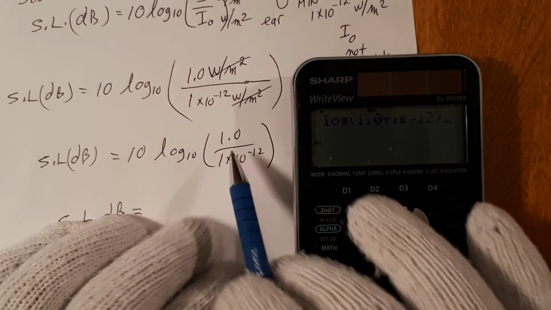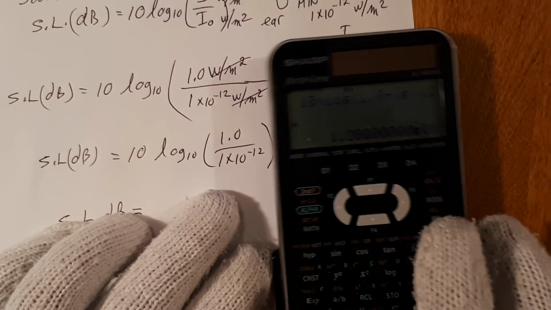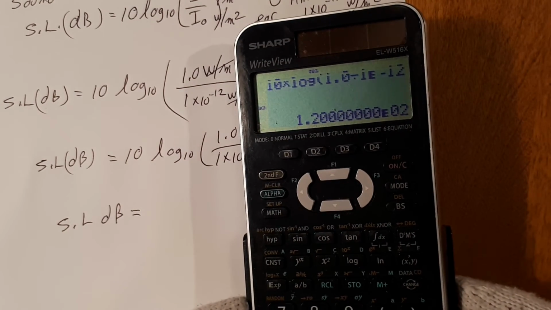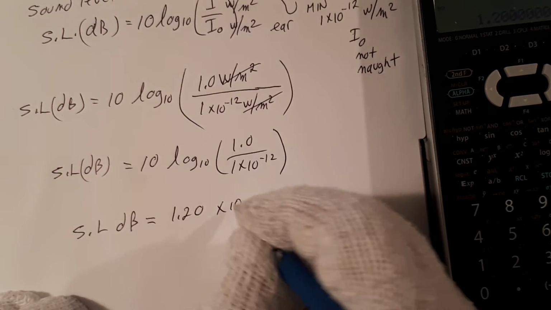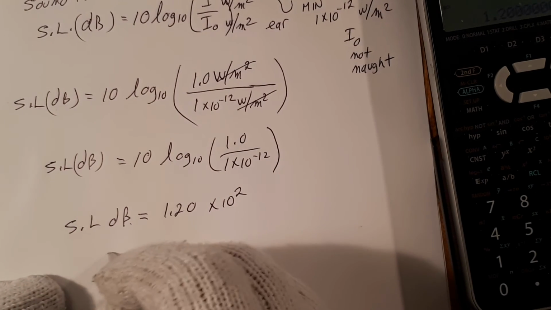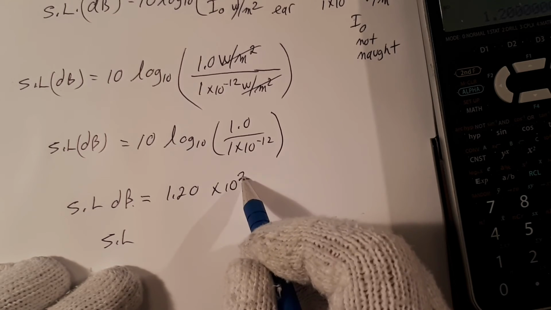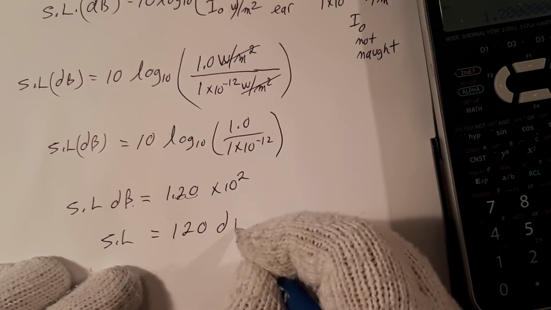So I basically reproduce this in my calculator. Press that equal sign, and the answer is 1.20 times 10 to the power of 2, and the unit's going to be decibels. So the sound level, just moving this decimal place over 2 spaces, 1, 2, is 120 decibels.